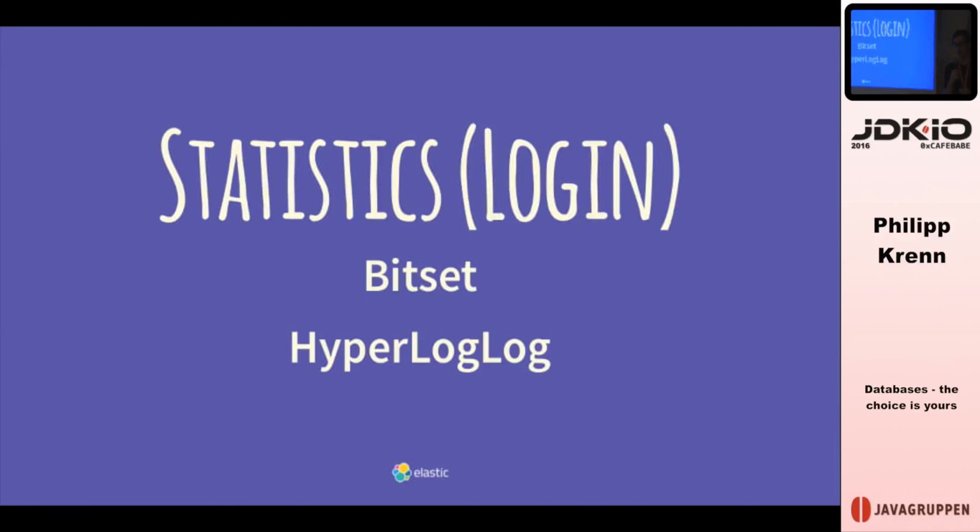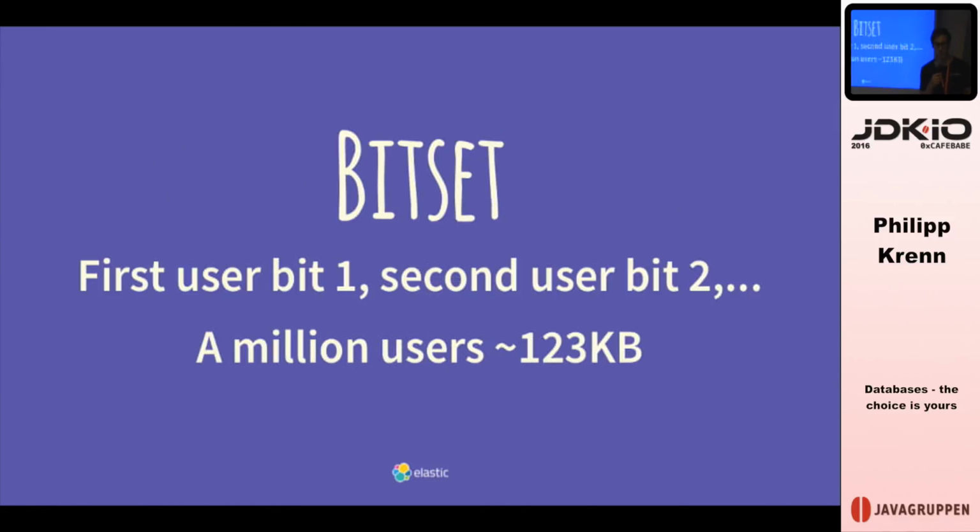We will cover statistics, like you have a login and your marketing department wants to know who has logged into my site over the last hour. And you have 2 possible data structures to do that. Either you just store it in a BITSET, like the very first user that has ever signed up to your page is user 1, the second user is user 2, etc. And then you simply allocate 1 bit to each of your users.